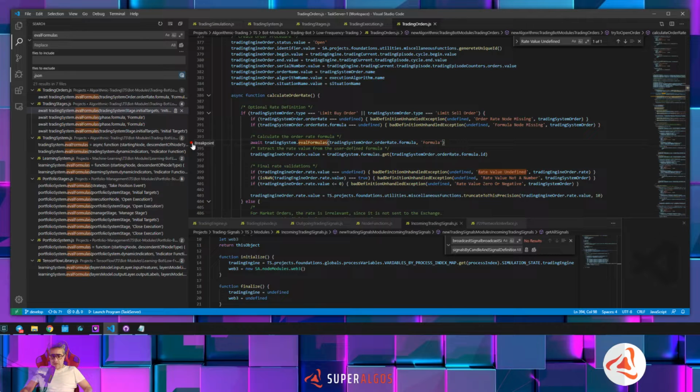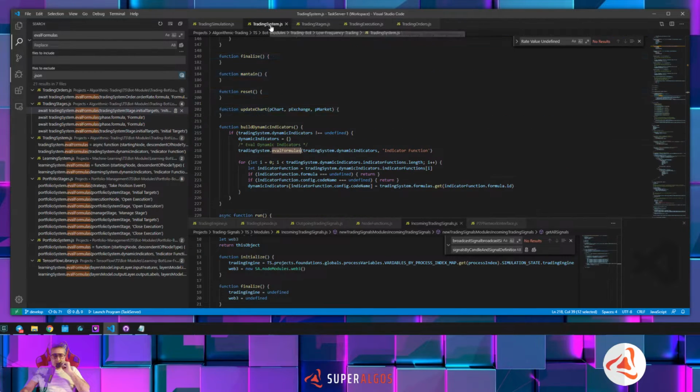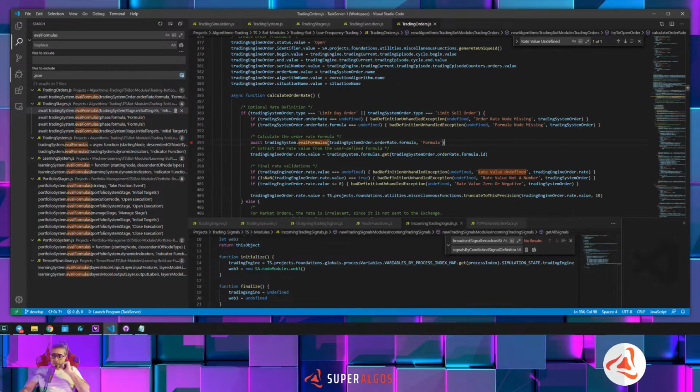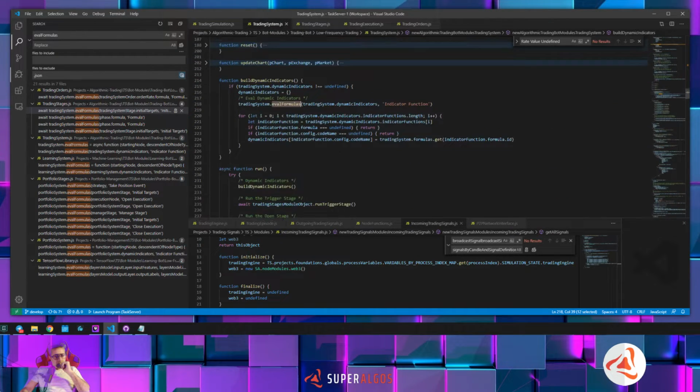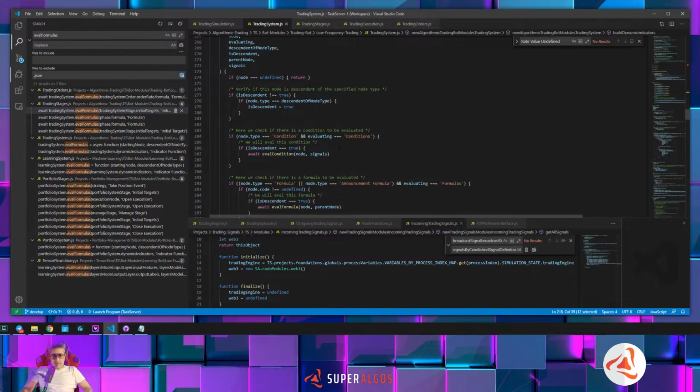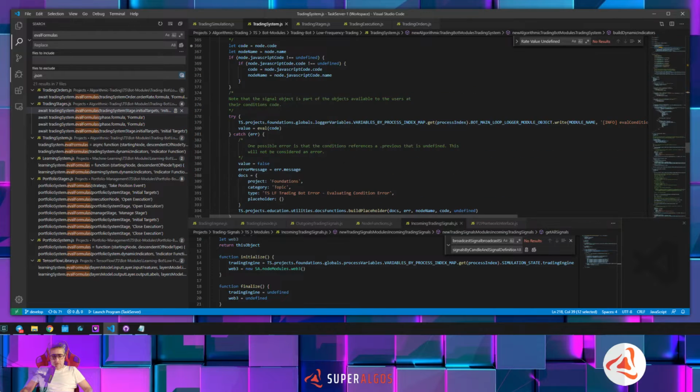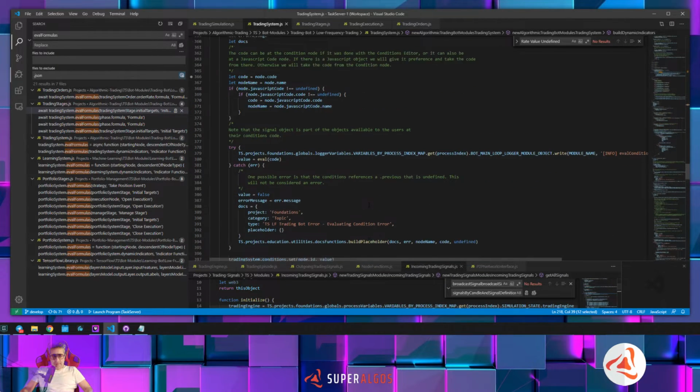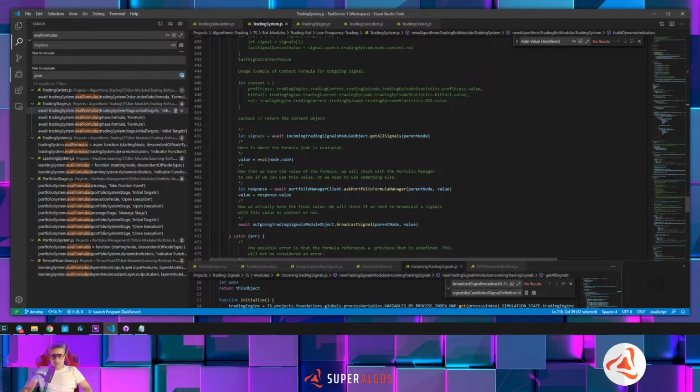So for some reason, when it comes in here and it tries to evaluate the formula, it gets the signals like undefined, and then the code inside doesn't check if this is undefined and it crashes.